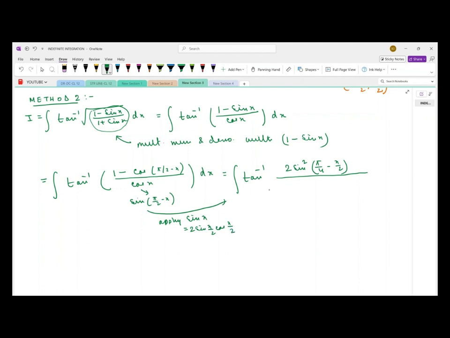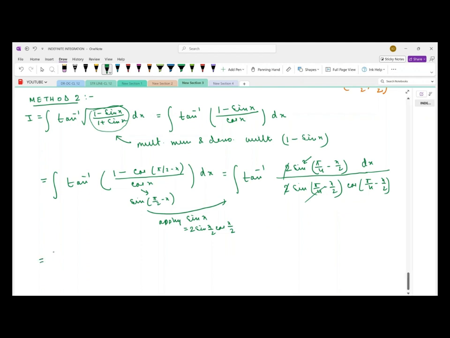So if you change it, then it becomes 2 sine (pi by 4 minus x by 2) cos (pi by 4 minus x by 2). So you see the advantage. Why do I have to change the cos x also? Because then so many terms will get cancelled. This and one of this will get cancelled.